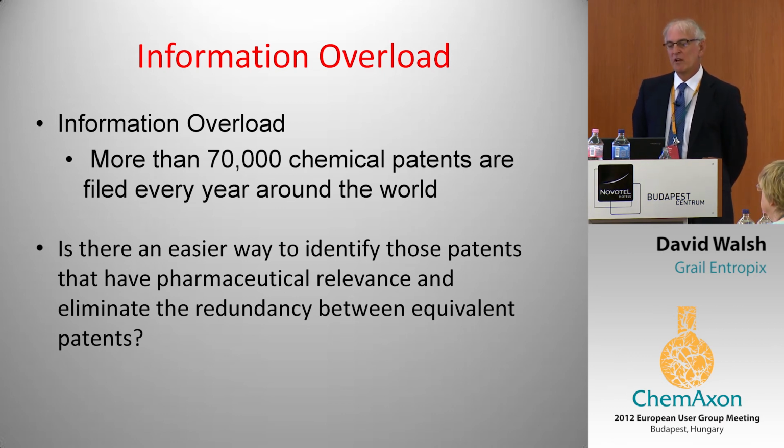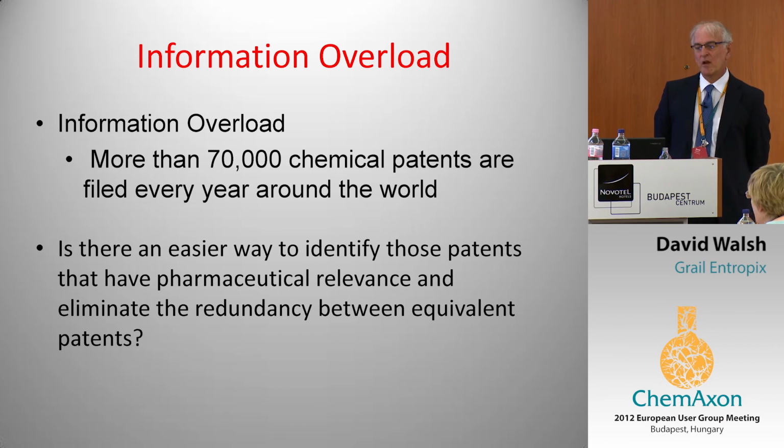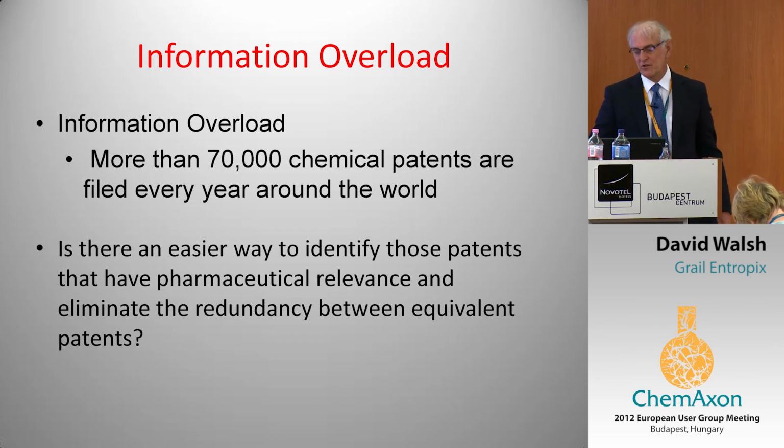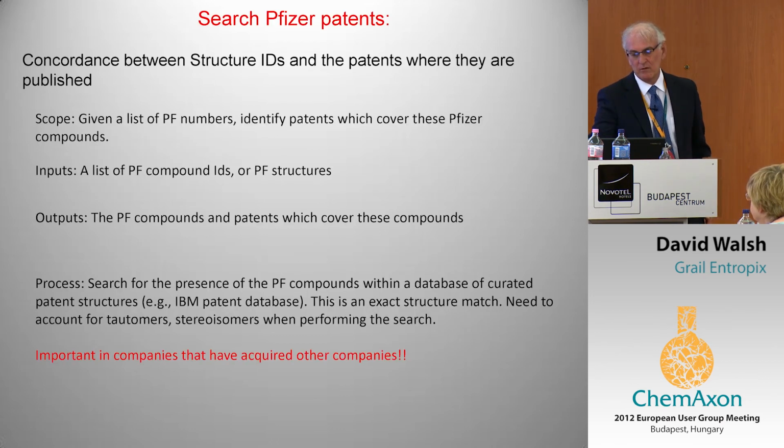You have a family of patents and there are equivalents between the patents. Sometimes these equivalents are exact matches of the documents. Sometimes they have variants between them. But one can reduce that 70,000 chemical patent number down to a much more reasonable size if one considers the equivalent nature of patents. So that is an important thing to try and reduce our information overload.